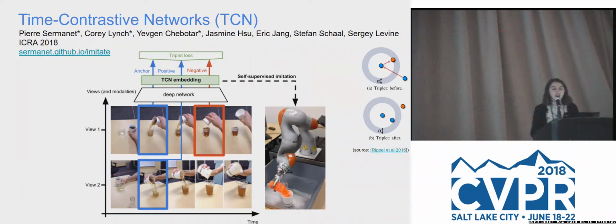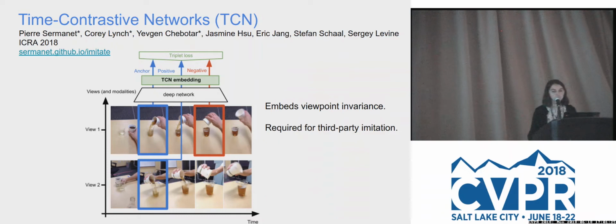And then, using this TCN embedding as their main feature space, they're going to have a human demonstrate a task for, let's say, 10 seconds, and the robot is supposed to do the task. Self-supervised imitation.